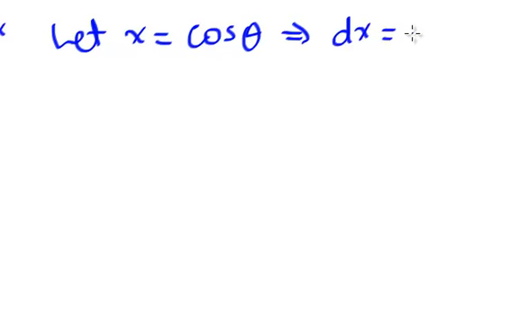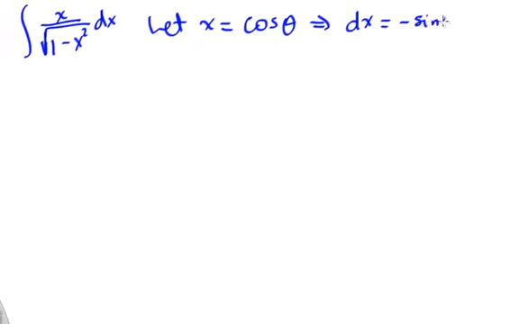So let's let x be, I wish x was cosine theta is the idea. Let's let x be cosine theta. So what's dx then? dx is negative sine theta d theta. So when x is cosine theta, dx is minus sine theta d theta. That's what I'm going to put in for dx. Also, what happens to 1 minus x squared?